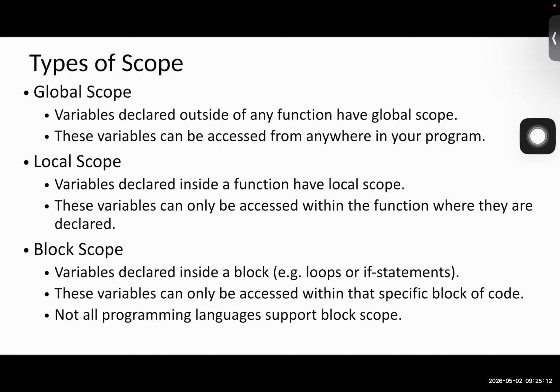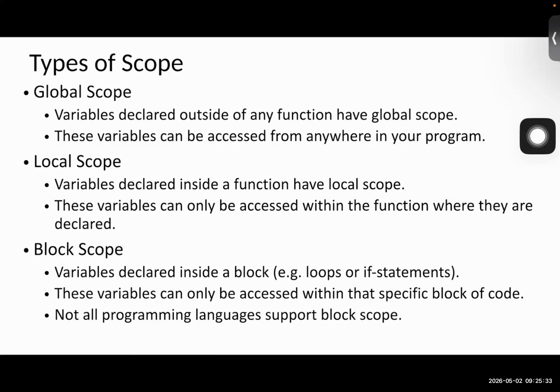Then block scope is when you declare a variable within a block. For example, if you use a counter variable inside a for loop, you create maybe int i equal to 0. That int i you created inside the for loop only exists inside the for loop.